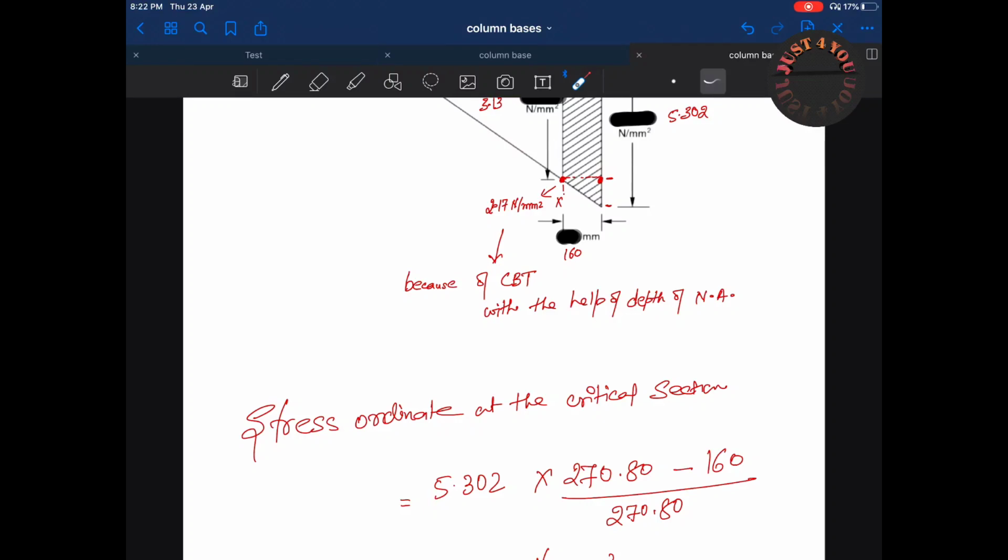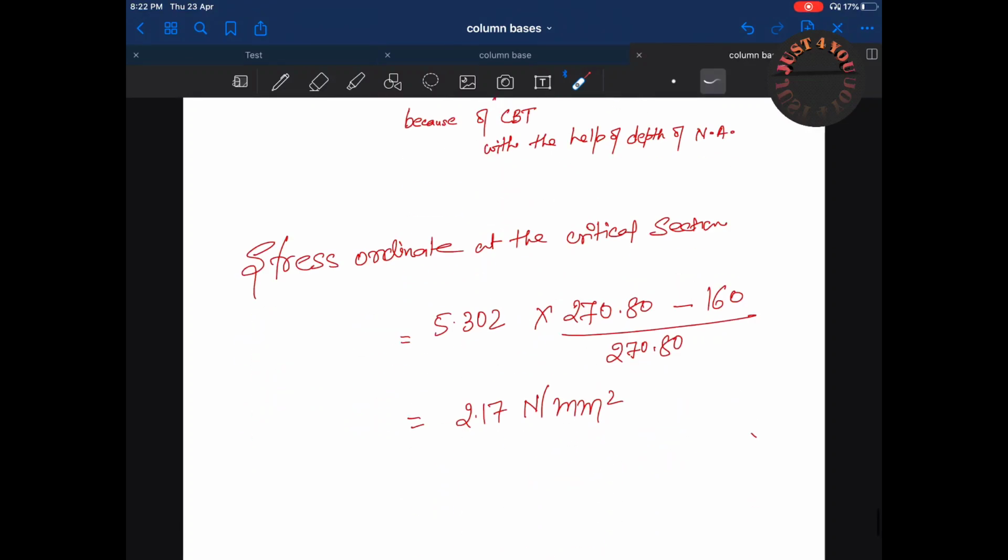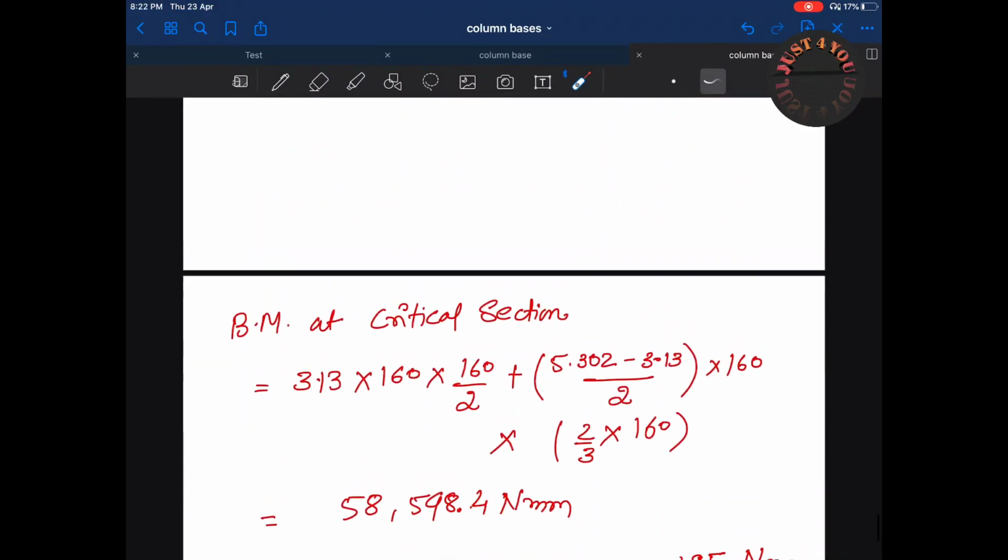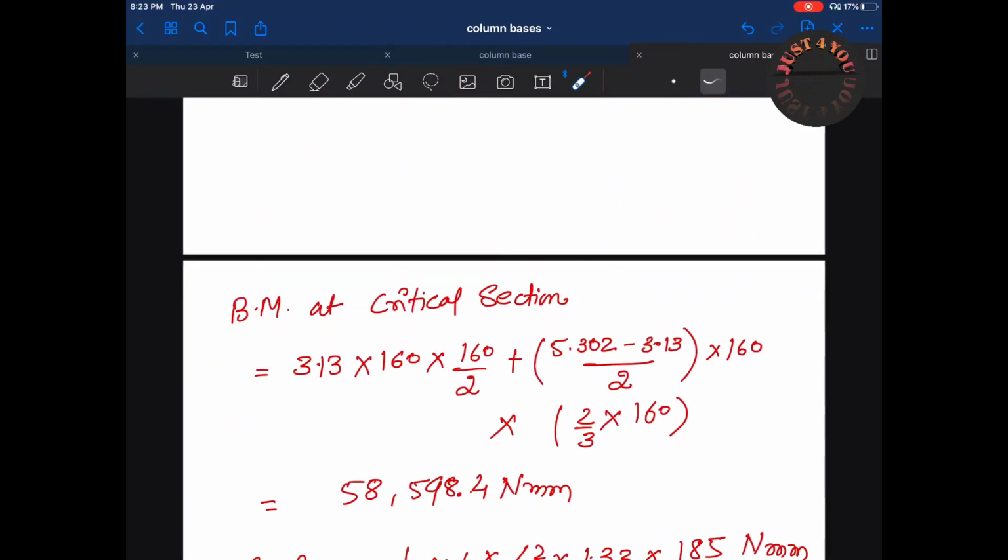So the area of this triangle will be half into base into altitude, that is 5.302 minus 3.13, that is our base, into 160, that is our altitude, upon 2, and it acts at the CG distance of 2 by 3.